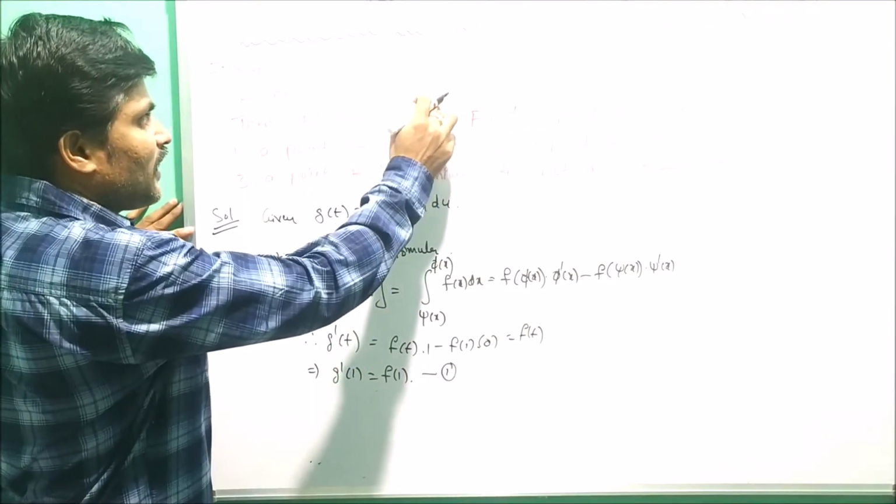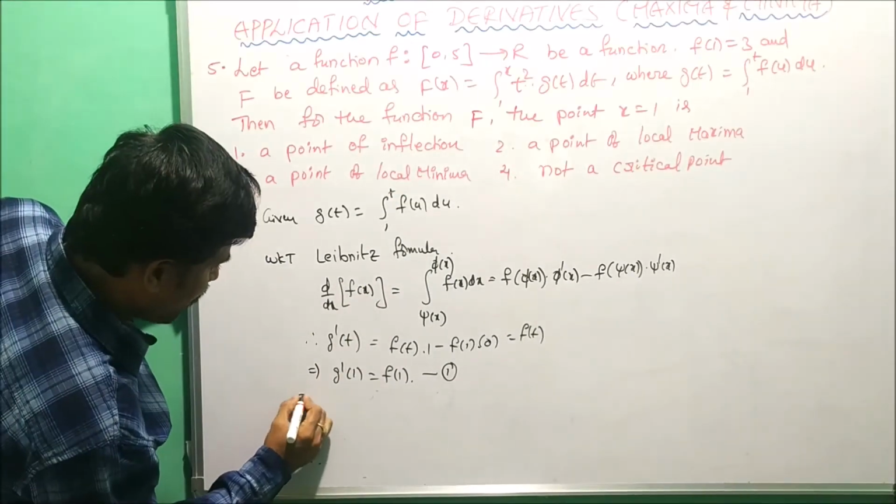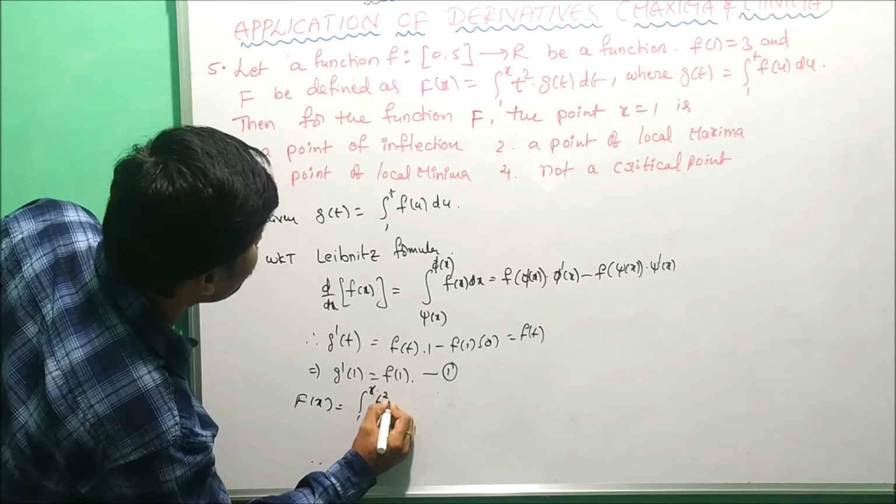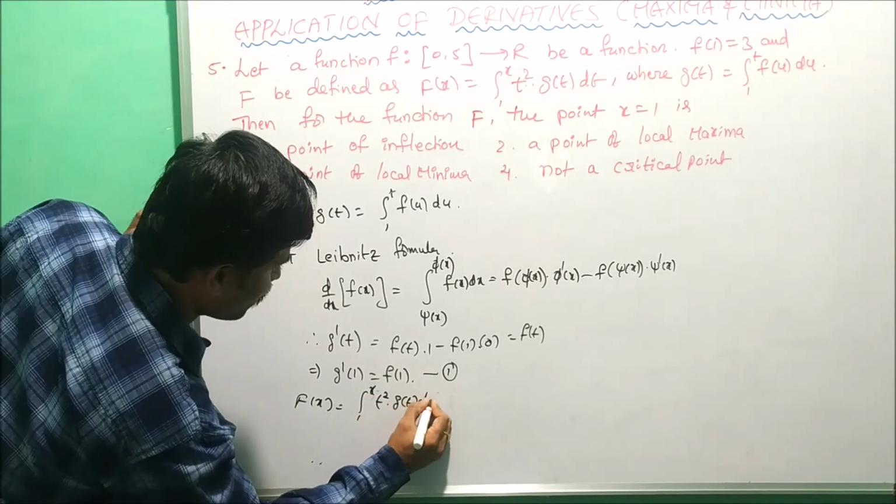Now in the second equation, we take capital F of x equals integral 1 to x t square into g of t dt.